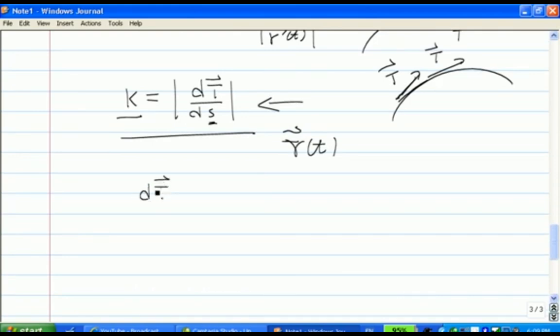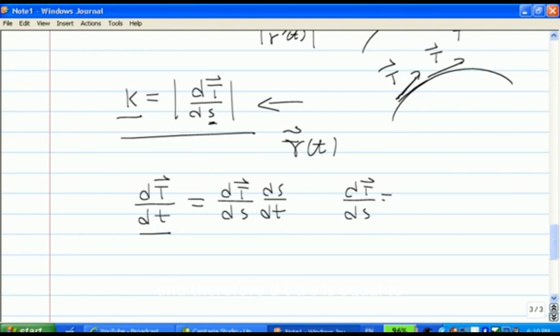t is any parameter, so this one is easy to find. And this one, using the chain rule, gives you dT/dt equals dT/ds times ds/dt. Therefore dT/ds is equal to dT/dt over ds/dt.